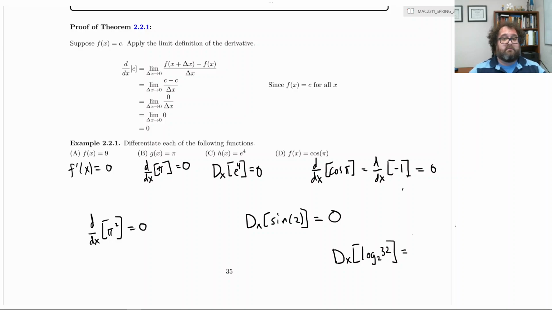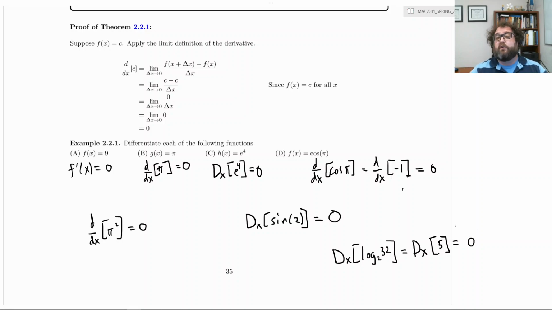What is it? Remember, a logarithm is another way to write an exponent. So log base 2 of 32 is asking: 2 raised to what power gives you 32? It's 5. In other words, this is the same thing as the derivative of 5, which is clearly a constant, and so its derivative is 0. So always be on the lookout for constants in disguise.